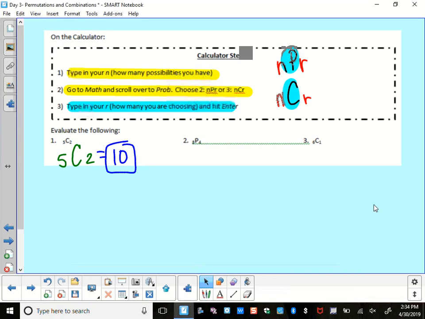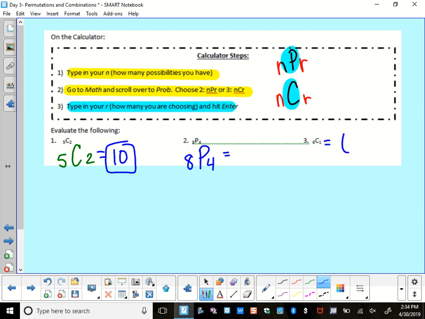All right, Channy, what'd you get for number 2? Did you do 8P4? Did you choose the C? All right, do it again, but with P. Did anyone get number 3? What did you get? 6. You should get 6 for number 3.